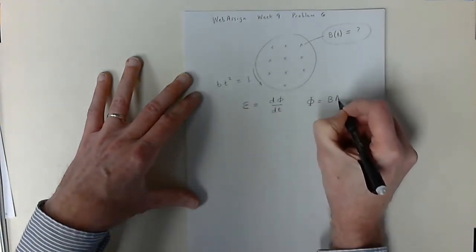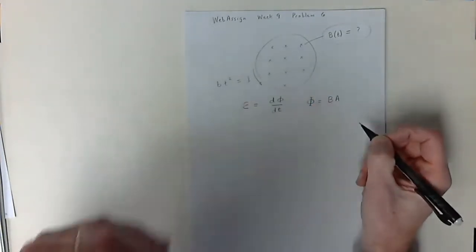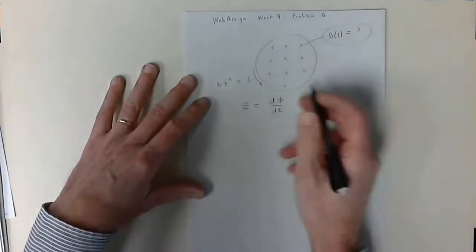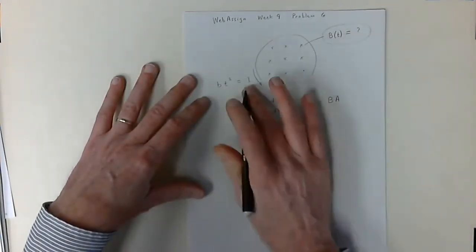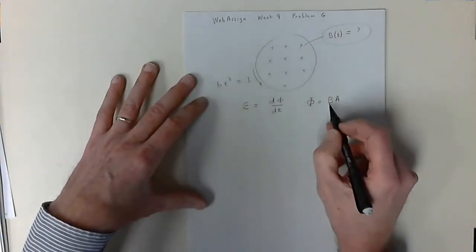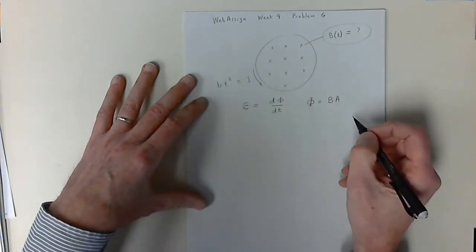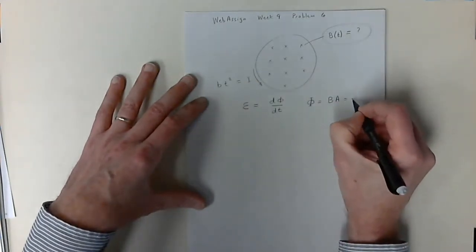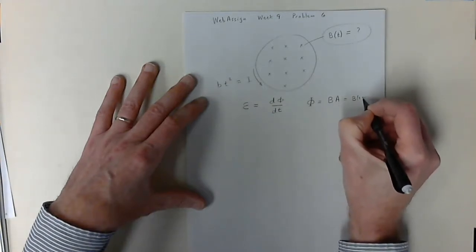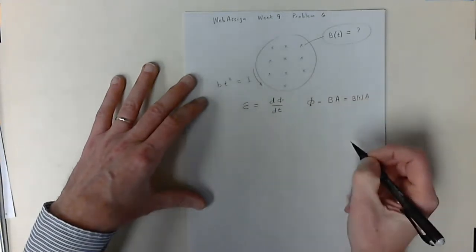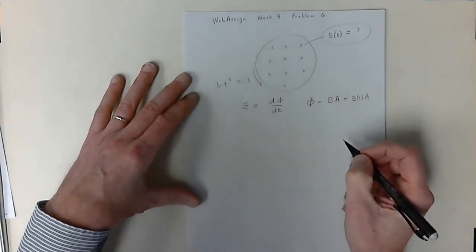We'll just say B times area. The field is supposed to be perpendicular all the time. It's uniform everywhere. It's changing with time, but not with space. So we can just use B times A for the flux. And in this case, that would be this particular function that we don't know times the area of the loop.